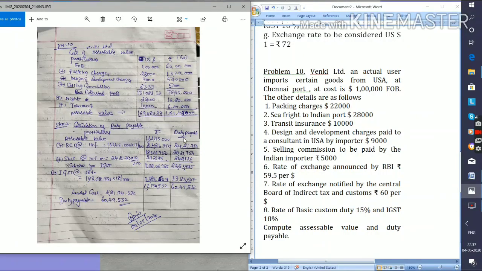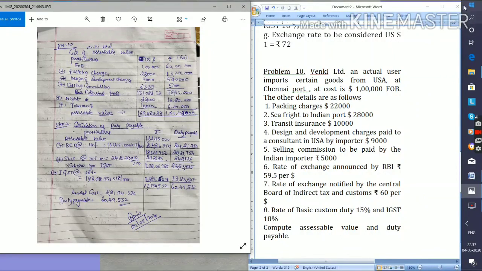Particulars, amount, duty payable: assessable value 1 crore 61 lakh 45,000. In the second column, nil. Again add to this BCD at 15%. It is 15% as given in the problem. If it is not given, go with the default 10%. 1 crore 61 lakh 45,000 into 15%, that is 24 lakh 21,750.